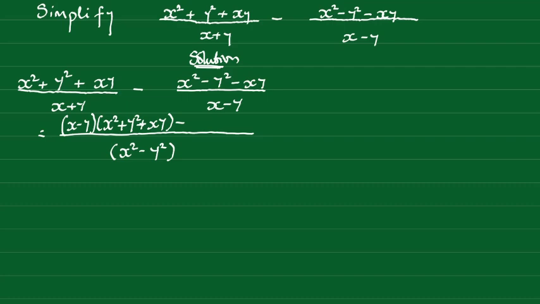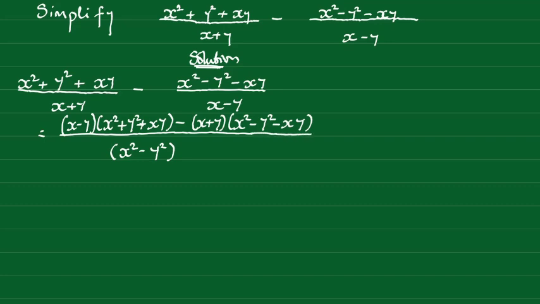So we'll have (x plus y)(x squared minus y squared minus xy).